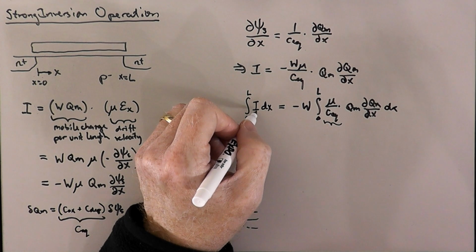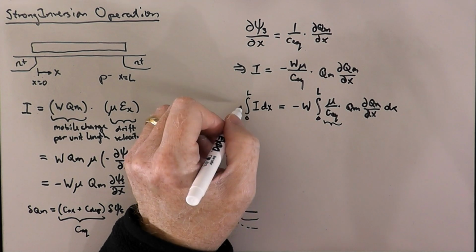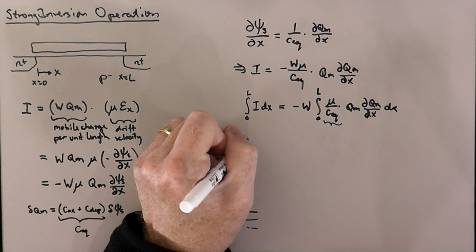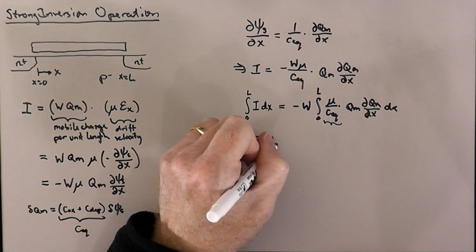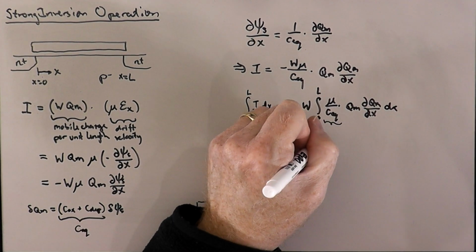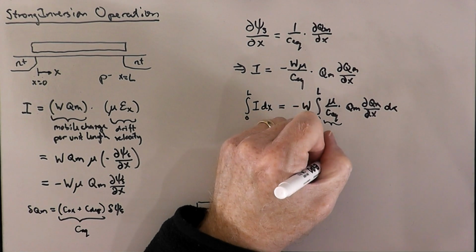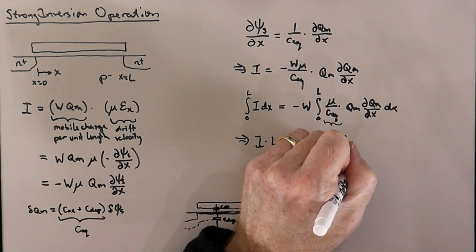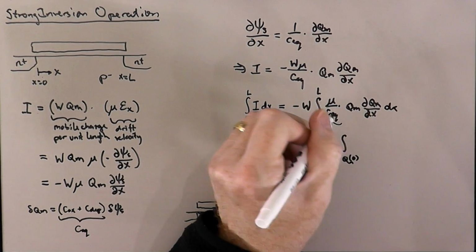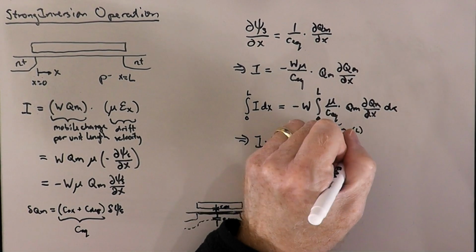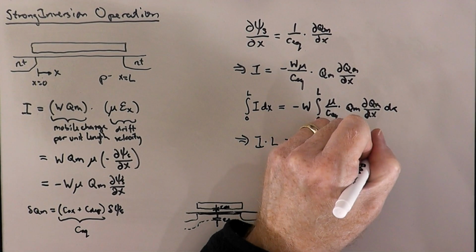The I is constant as a function of position, and so that pops out of the integral, and we just get I times x evaluated from x equals 0 to x equals L. So the left hand side is just I times L, and the right hand side is going to be minus W times mu over C equivalent times the integral from Qm at 0 to Qm at L of Qm dQm.